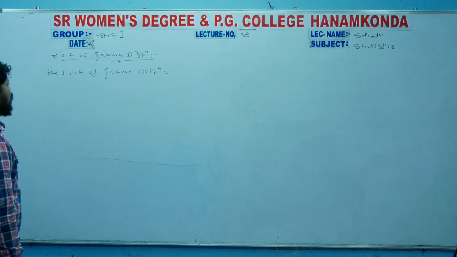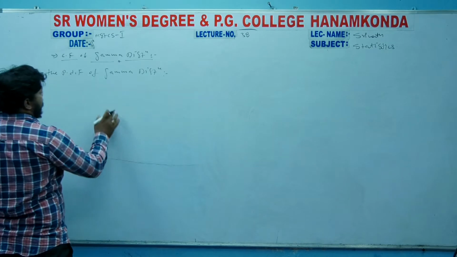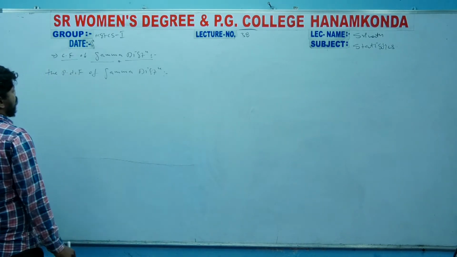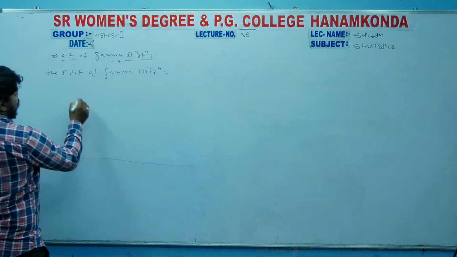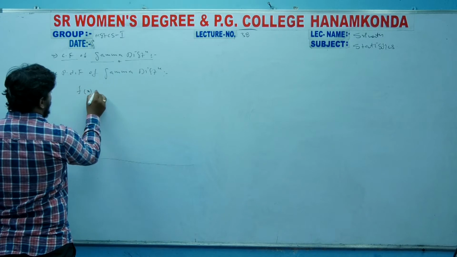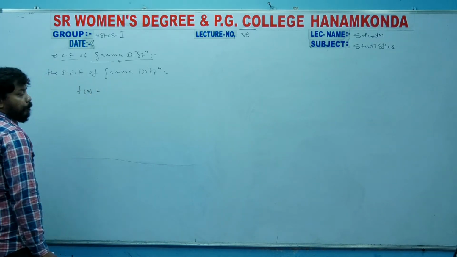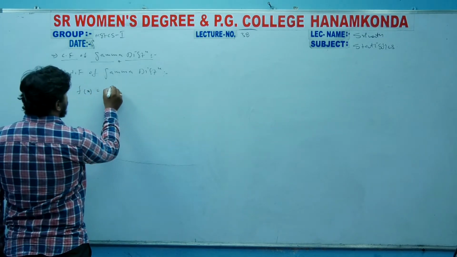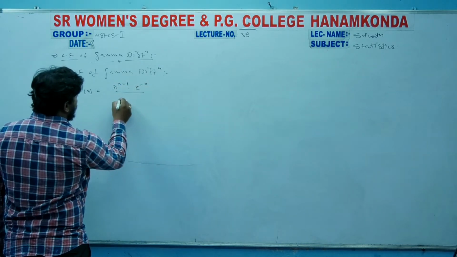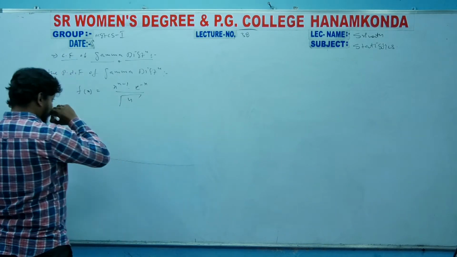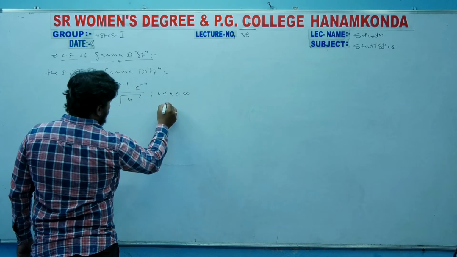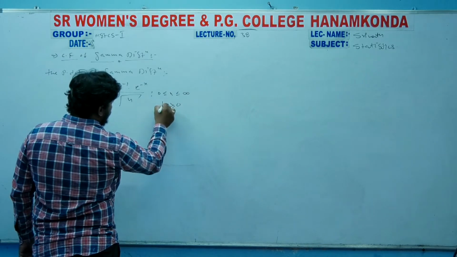The probability density function of gamma distribution is given by f of x is equal to x power n minus 1 into e power minus x by gamma n, and 0 less than or equal to x less than or equal to infinity, n greater than or equal to 0.